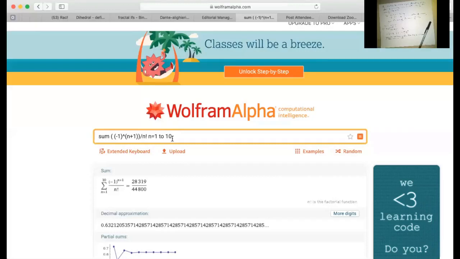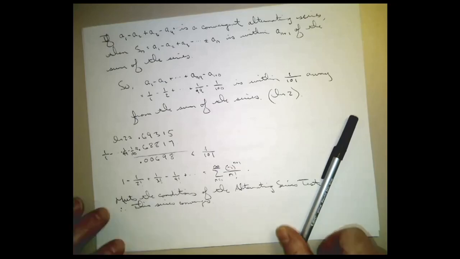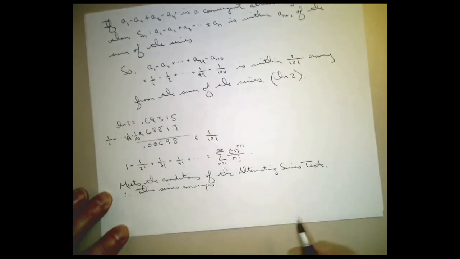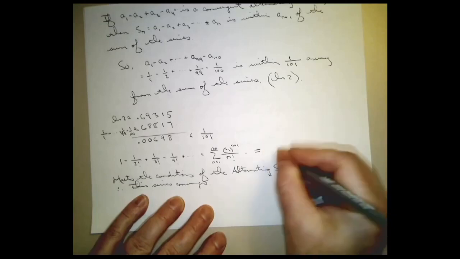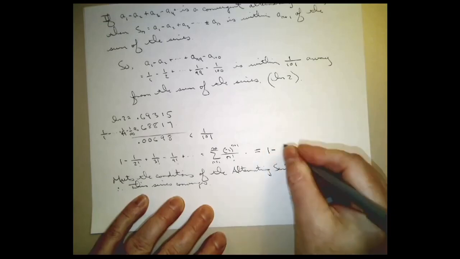So I urge you to check that out. I urge you to verify that. And as it turns out, and this is going to be just a little bit surprising, this series, in fact, adds up to 1 minus 1 over e.